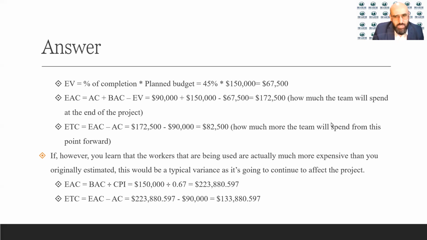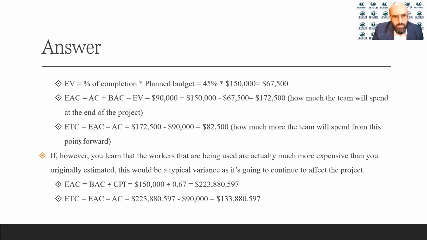This is how much the team will spend at the end of the project. Let's call it the new budget. The budget is 150,000, however, once we calculated based on the percentage and the actual cost, we found out that the team will spend 172,500 by the end of the project.